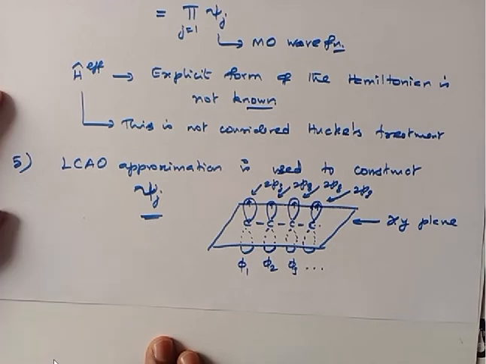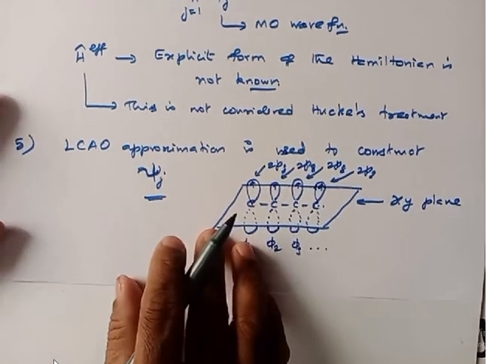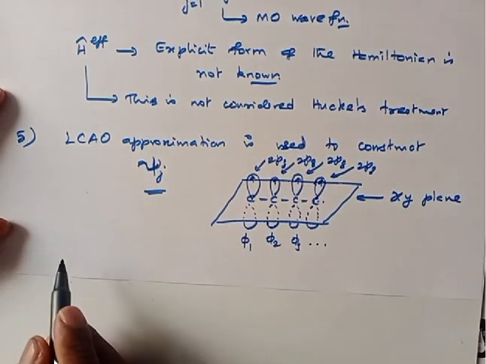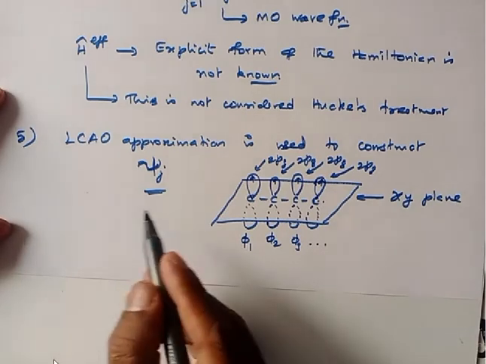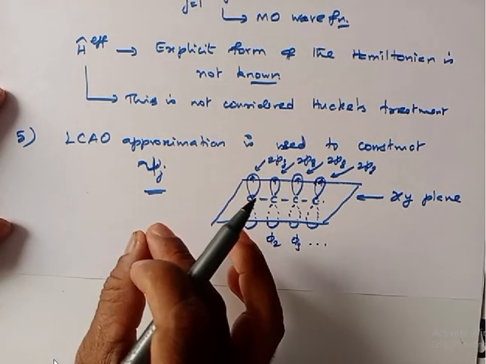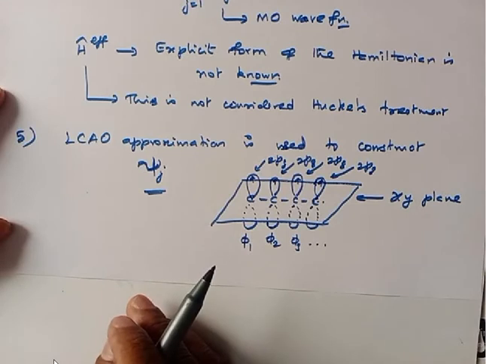Now you all know that according to LCAO approximation, when two atomic orbitals combine, you will get two molecular orbitals.